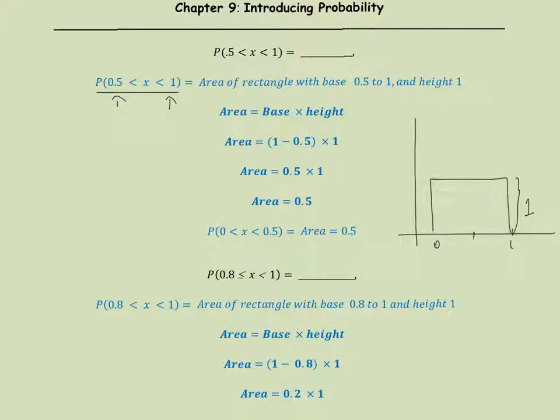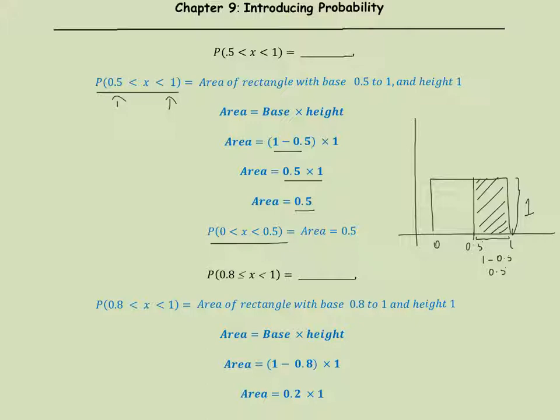So there is, let's say, 0.5. So picking a number anywhere from 0.5 to 1 is that base. So then we are looking at the area under the curve, which would be this rectangle. So the base is 1 minus 0.5, which is 0.5, times the height, which is 1. So 0.5 times 1 is 0.5. So the probability of picking a number between 0.5 and 1 is 0.5.